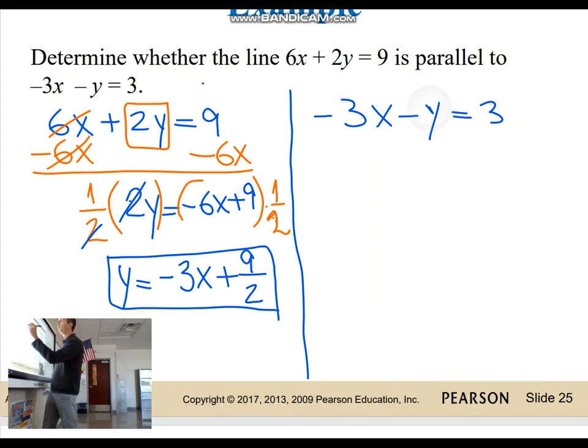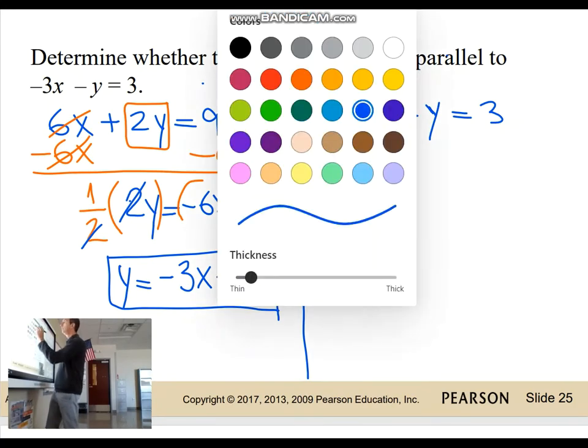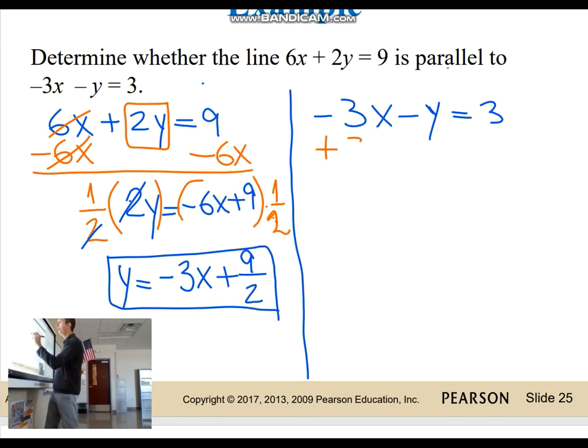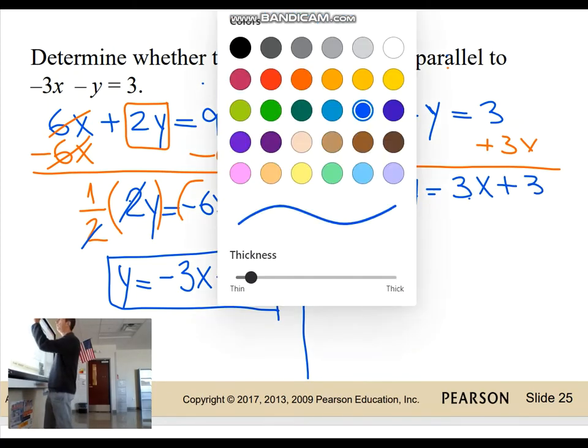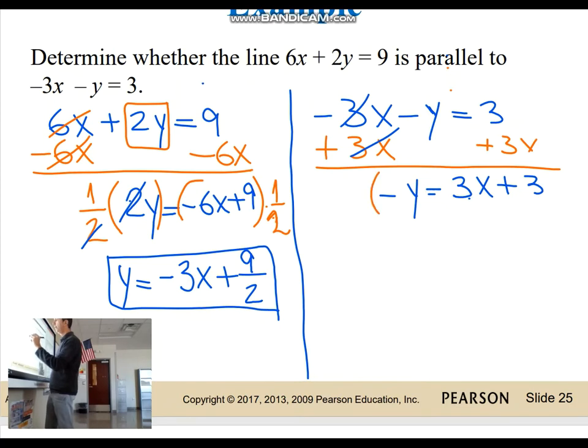We want to move everything to the other side and keep only y on the left hand side. So apply the addition property, add 3x on both sides. Then we have negative y equals 3x plus 3. Then we can multiply both sides by negative 1.